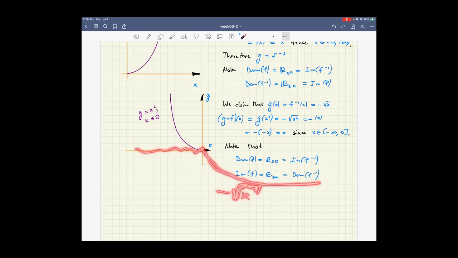That is a very important idea. Restrict the domain of a given function so that it becomes bijective. And as a bijective function, it now has a unique inverse.